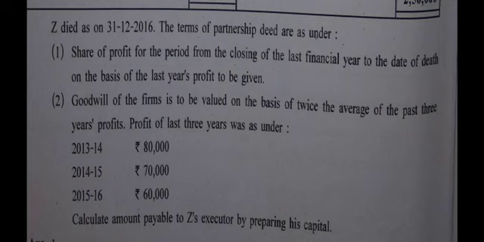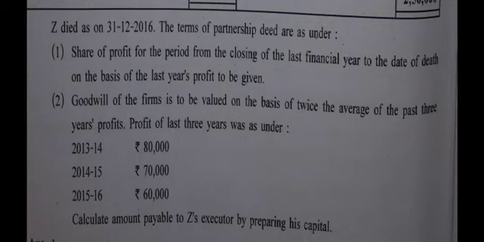Here the case is different. They say that one of the three partners will meet death, and they've said that Z died. There are three partners, X, Y and Z. Z died.